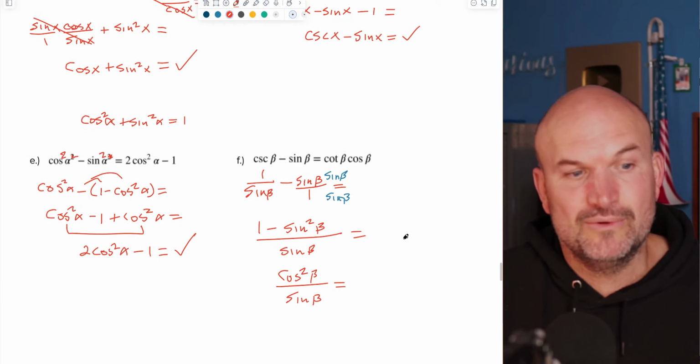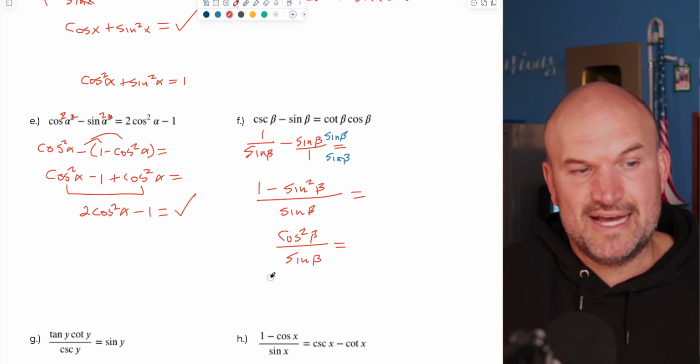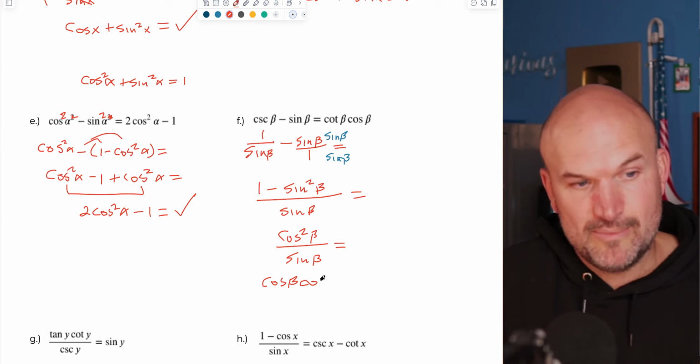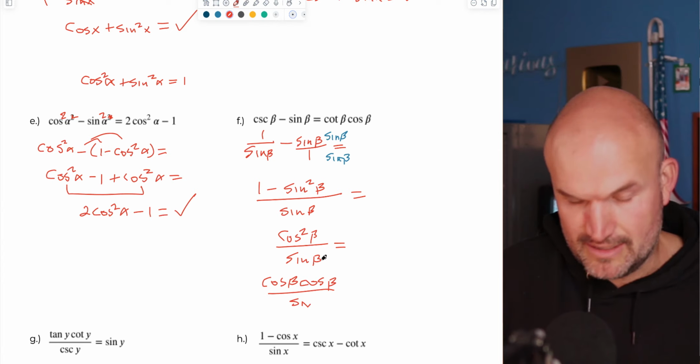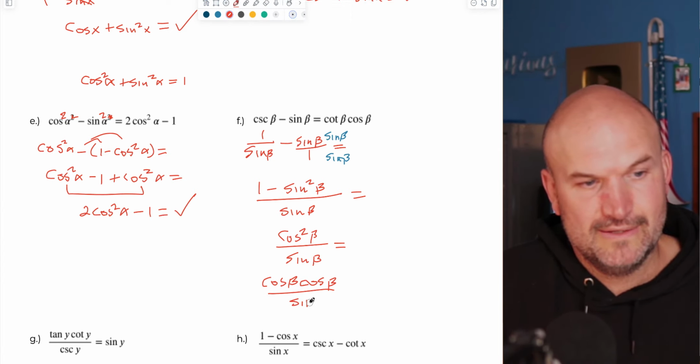Well, what I need to do is understand that cosine squared of beta is the same thing as a cosine of beta times a cosine of beta, all over a sine of beta.